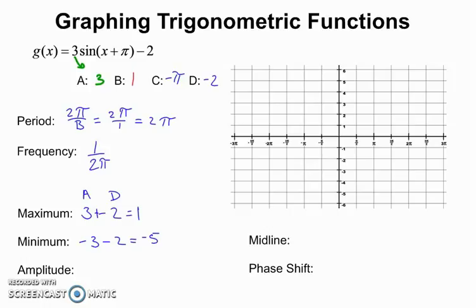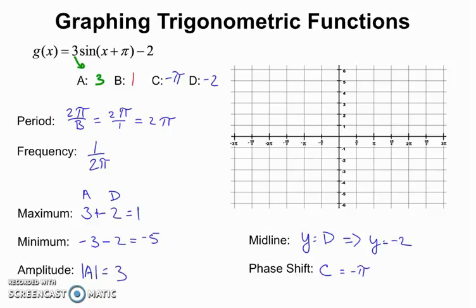And if you remember, amplitude, we talked about it in class, is just the absolute value of the a value, so you make sure that it's 3. Midline is y equals d, so in this case y equals negative 2, and your phase shift is the c value.